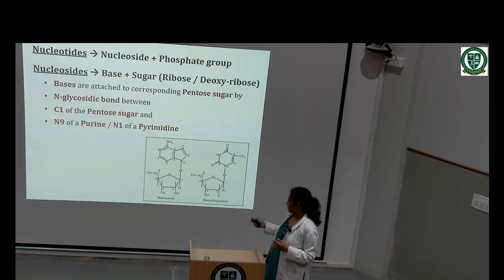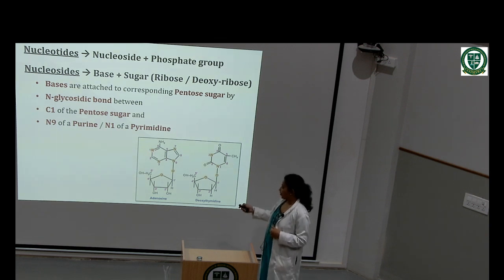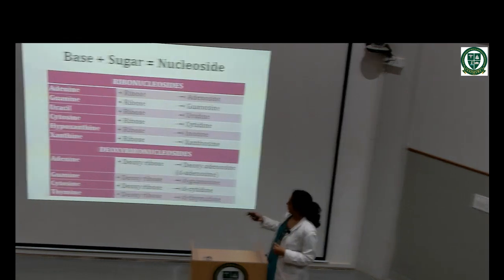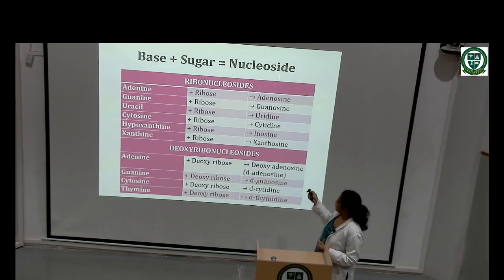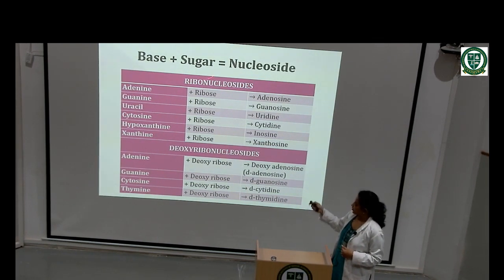You should remember that the numbering of the purine ring starts in an anti-clockwise manner, starting at the first nitrogen. Once it finishes the first ring, you have 7, 8, and 9 in the second ring. Okay. So a nucleoside is basically made up of a nitrogenous base and a sugar.